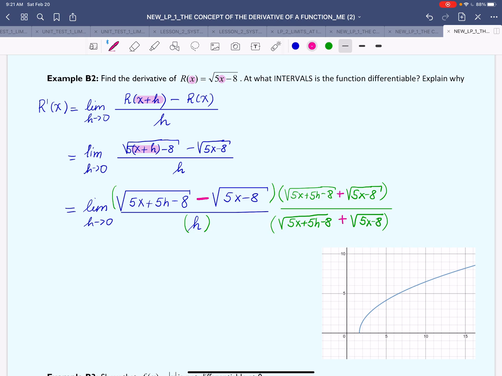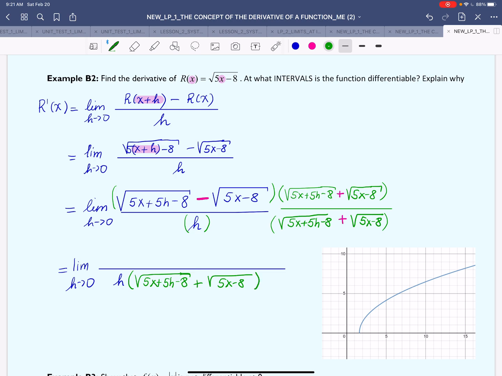Okay. So let's see what we get now. So this would be the limit as h approaches 0, long line. And we have h, and we have the root of 5x plus 5h minus 8 plus the root of 5x minus 8.